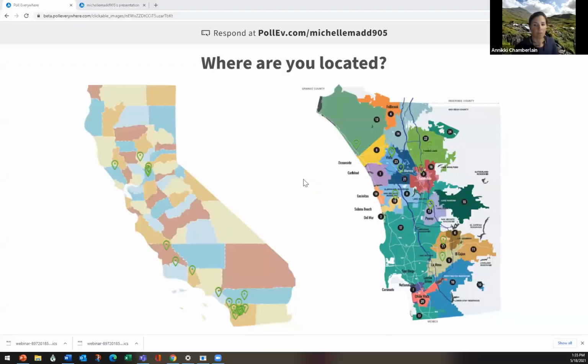You can see here we're finding out where folks are calling in from. We've got the whole state of California, or just the southern San Diego region, San Diego County water region. Anybody who's just coming in, if you're not already signed in the chat, you won't see the link in the chat. So I'm just going to post it a bunch of times. If you see it posted a bunch, don't worry about that. It's just for new folks coming into the meeting.